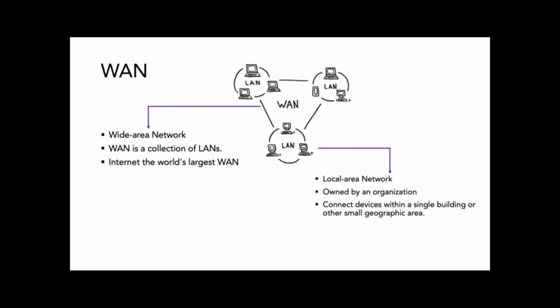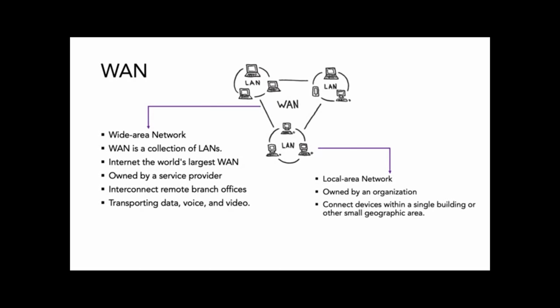So WAN is essentially a network of networks, with the internet the world's largest WAN. A WAN is owned by a service provider. WANs are used to interconnect remote branch offices located somewhere else in another country or city to a headquarters in another country or a city.